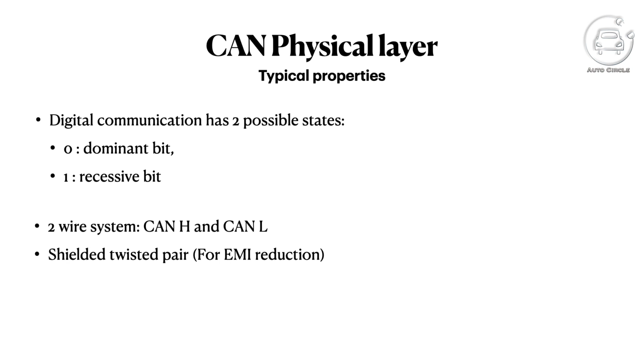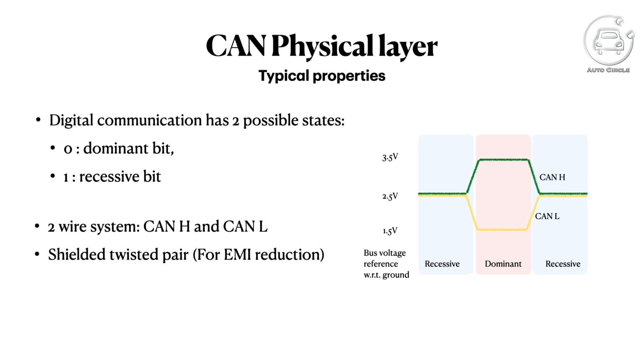Now let us have a look at how CAN high and CAN low are physically present in a recessive and dominant scenario. As you see, in the recessive state, the voltages of both CAN high and CAN low are nearly the same and the differential voltage will be roughly 0.